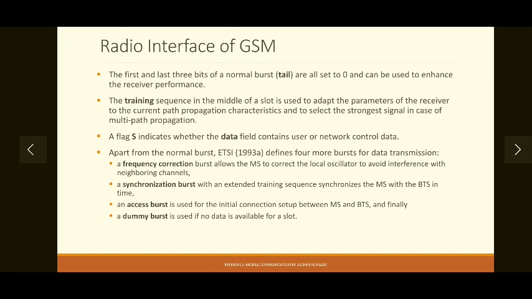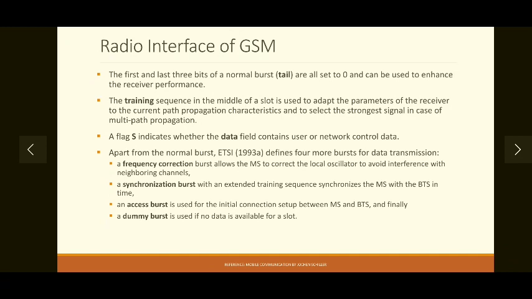The first and last 3 bits of the normal burst are tail bits, which are all set to 0 and can be used to enhance receiver performance. So the receiver can adjust itself for correct reception during this particular time period. Then the training sequence in the middle, which we have seen already in the diagram, is used to adapt the parameters of the receiver, like adjusting the gain of the antenna and tuning to the correct frequency.